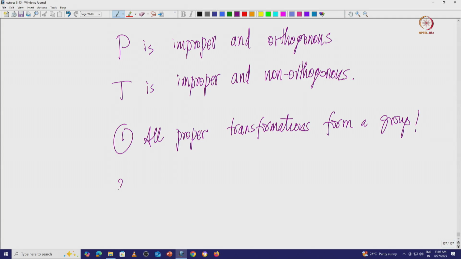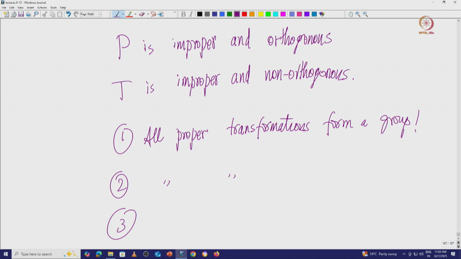Then all proper orthochronous transformations form a group. So you can think that each of them will form a group of their own essentially.